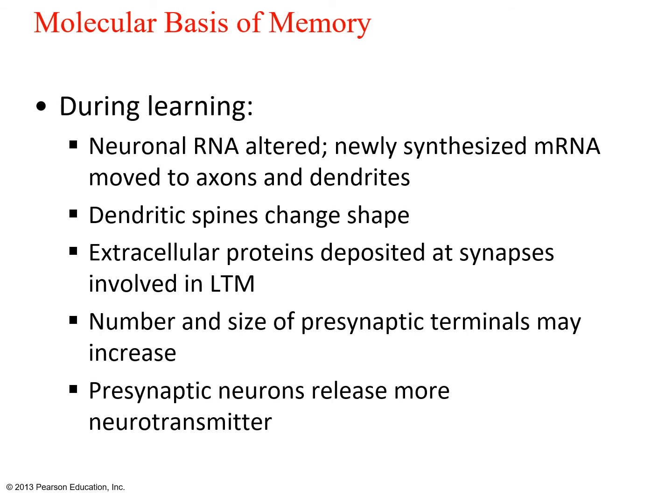And so in response to the mRNA, the dendritic spines change shape. And as they change shape, they'll deposit, or exocytose, extracellular proteins at synapses that are involved in long-term memory. Now, over time, the number and the size of these presynaptic terminals may increase.